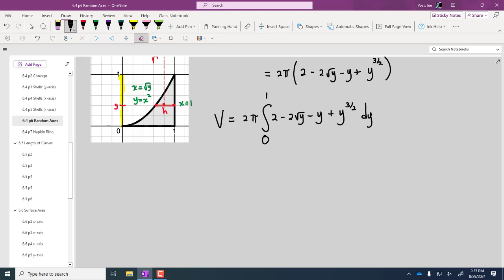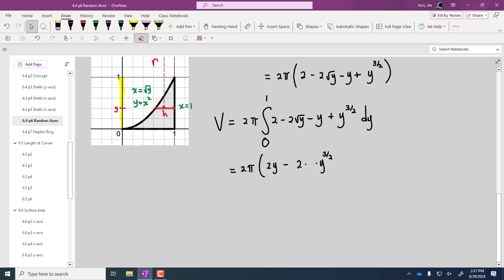This is a standard integral with polynomial type of evaluation. We get 2y minus... we have a y to the half, we add 1 to the exponent and get 3/2. We're going to have 2 y to the 3/2, and dividing by 3/2 means multiplying by 2/3.